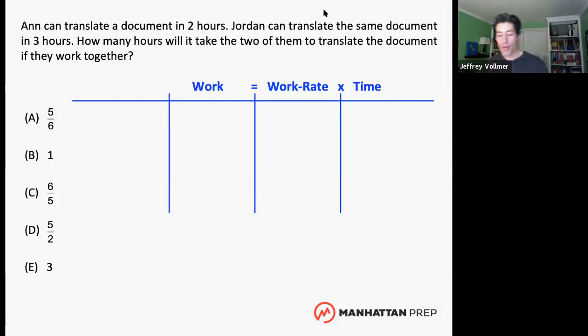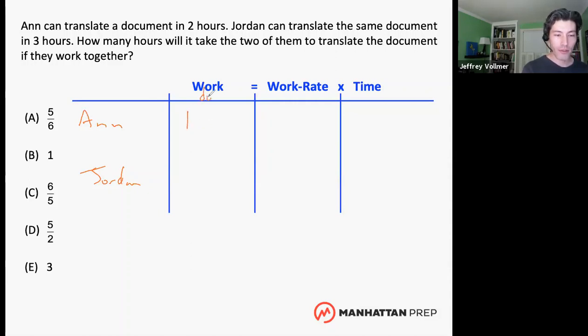Let's come up with Anne's row of information and then Jordan's row of information. So if we wrote in Anne here and Jordan, we know Anne can do one document, and the time's in hours.